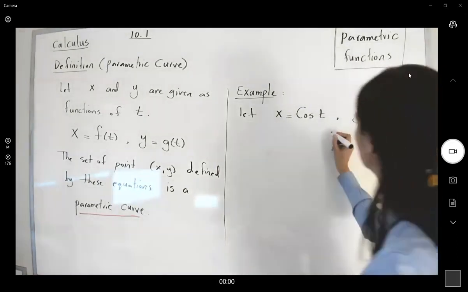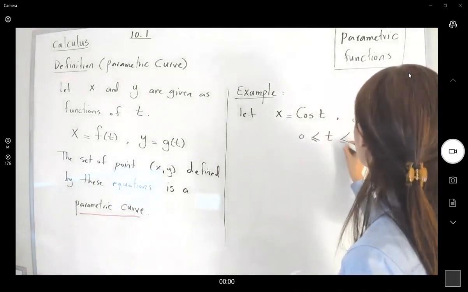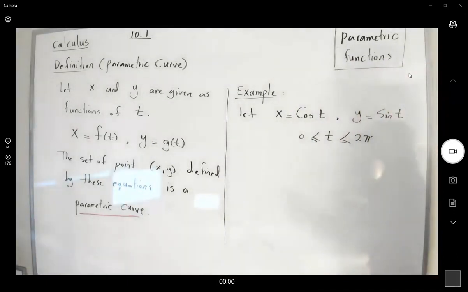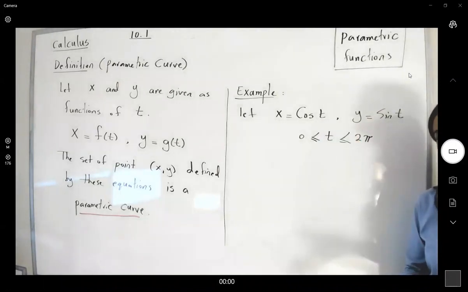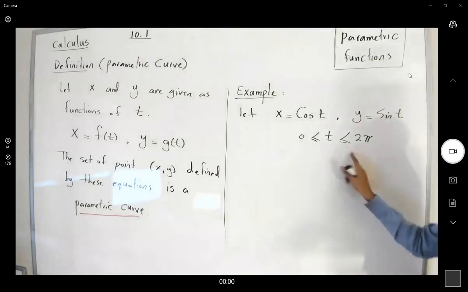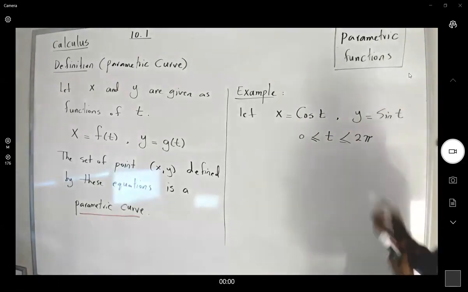Let t be bounded between 0 and 2 pi. So in a sense, you're working with an angle. t can be represented using theta that you saw before, and theta or the angle is bounded between 0 and 2 pi. The question is, what does this represent?